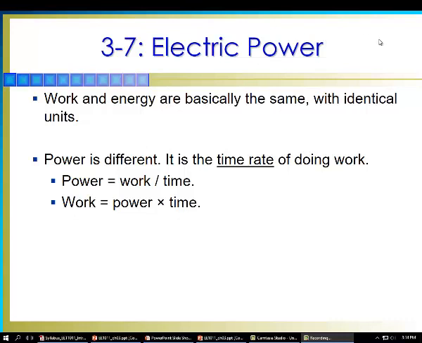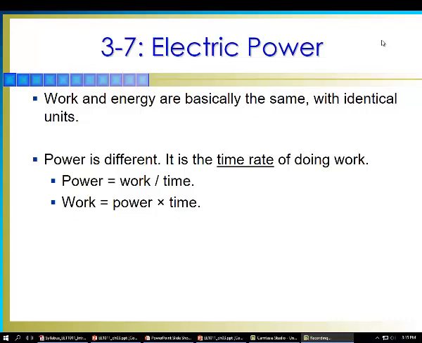As you may recall from the previous two chapters, we read about work and energy. They're basically the same thing with identical units. The power is different. It is the time rate of doing work.